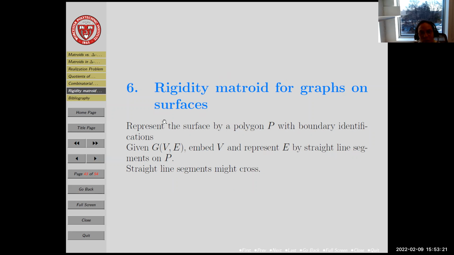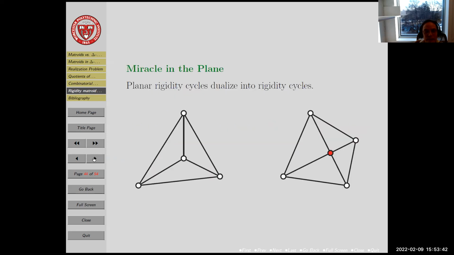What would be nice here is to get to a theory where you represent the surface by a polygon with identifying boundary conditions, and then represent your edge set by straight line segments that might cross or might not cross. And then, what do I do if they cross?